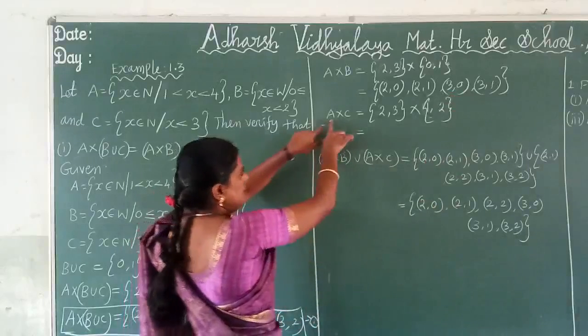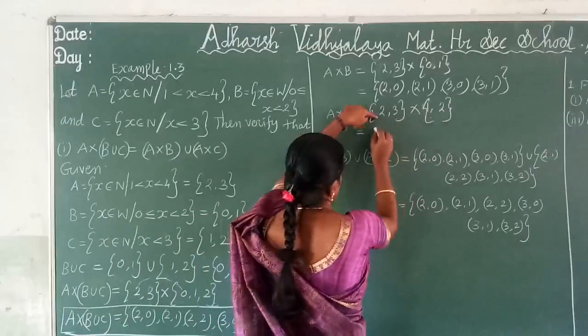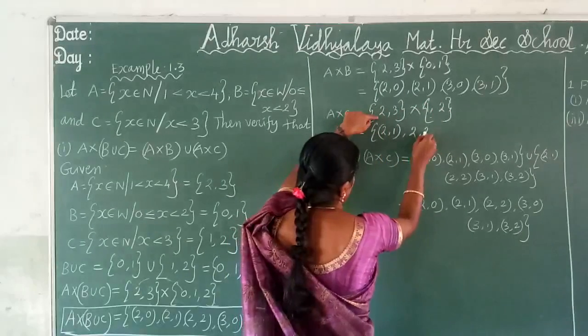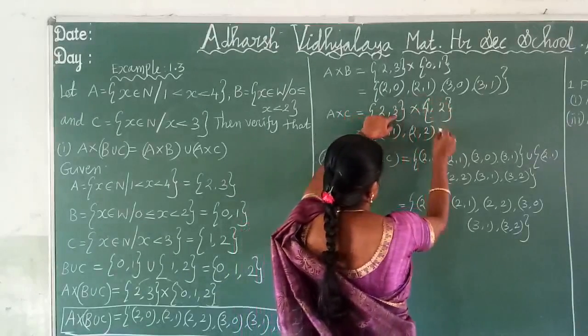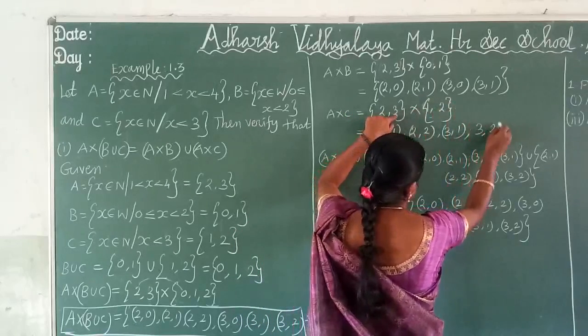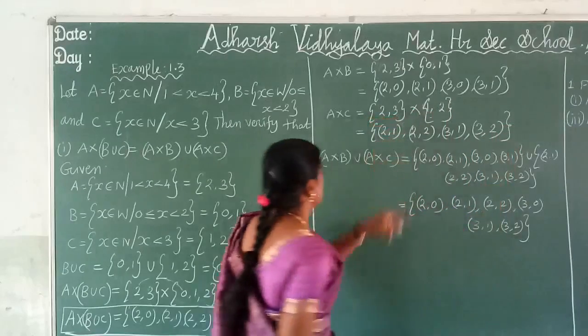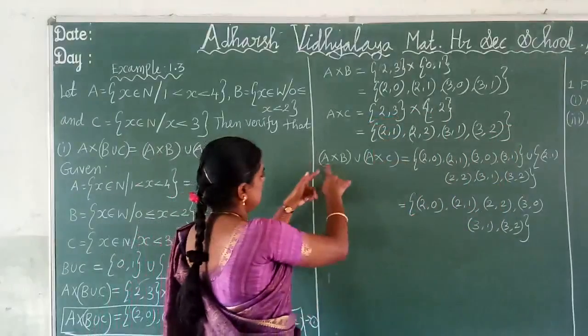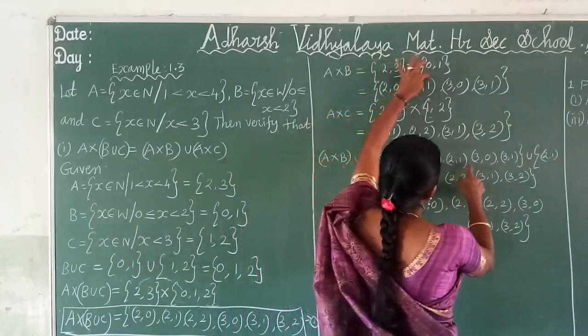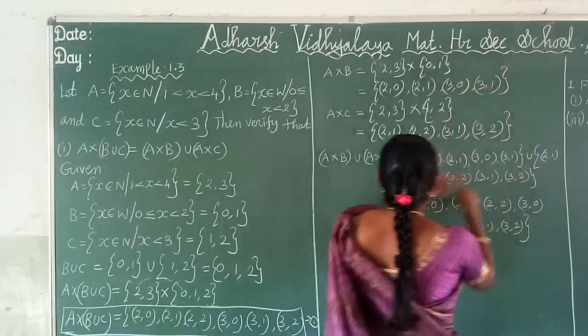So let's find A cross C. Here 2, 1. 2, 2. Next 3, 1, 3, 2. And then substitute. That is A cross B: 2, 0, 2, 1, 3, 0, 3, 1.